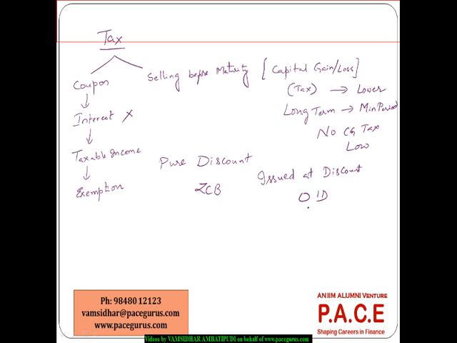In these bonds, whatever the increment in value year over year is actually the interest that is accumulated or accrued. So the interest is applicable, though it is not getting paid. The interest is accrued, which means it is treated as a part of the taxable income, and income tax has to be paid on top of that.